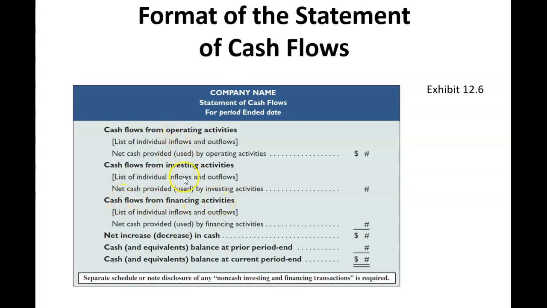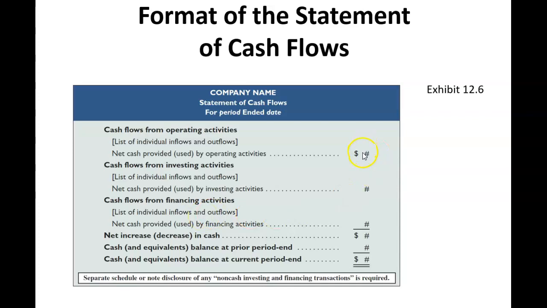And each one of the sections will show the individual inflows and outflows of cash and will total up the net cash provided by operating activities, for instance, or net cash used by operating activities. And the same thing will happen in each one of the sections.